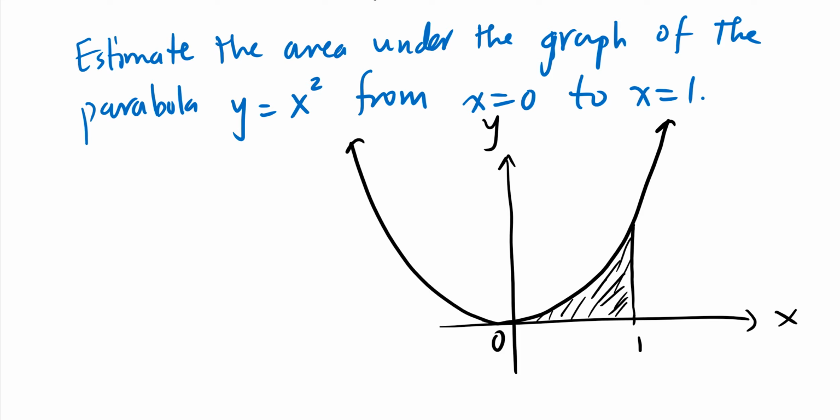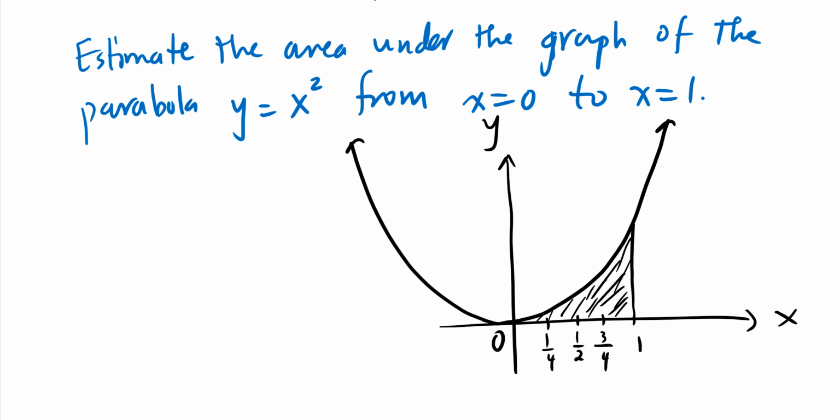To do this, the first thing is to break this 0 to 1 into what we call intervals or sub-intervals. I'm going to have 4 intervals: 1/4, 1/2, 3/4, and 1.